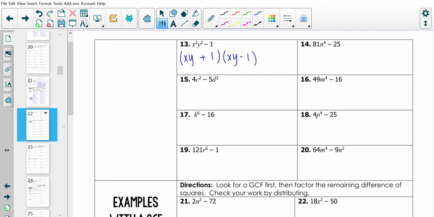Square root of 81 is 9. Of n to the power of 4 is n squared. Square root of 25 is 5. It's the same thing, just with your minus sign every time. Can I find the square root of 5? No. Can I take anything out of both of these?